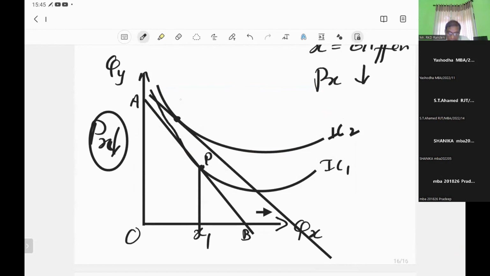Now come to point R. Here we can put x1. This is x2. Now this is the new budget line.